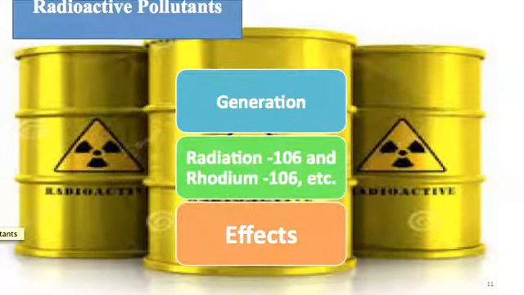Radioactive pollutants. So radioactive pollutants are generated from explosive devices like atomic tests and atomic activities in the laboratories of nuclear power plants.